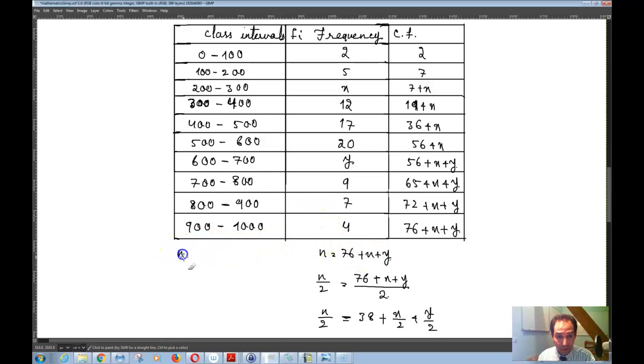So if n is equal to 100, then 76 plus x plus y is equal to 100. And what that means is that x plus y is equal to 100 minus 76, which is equal to 24. So x plus y is equal to 24.